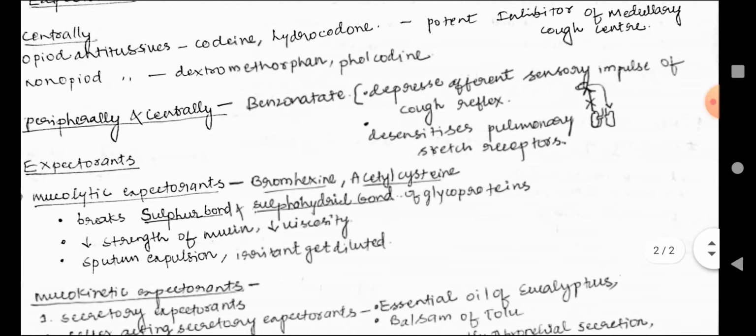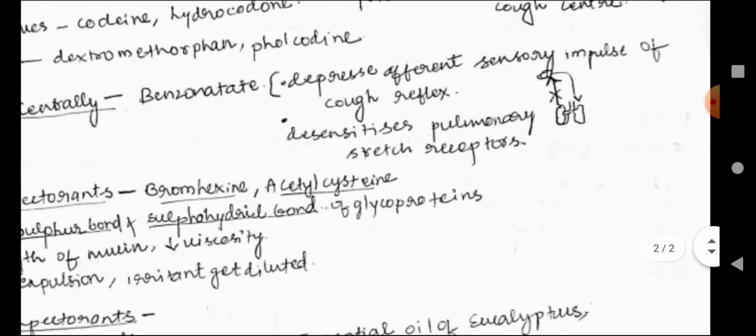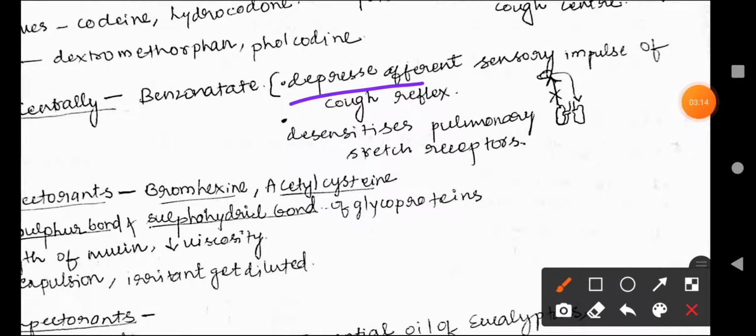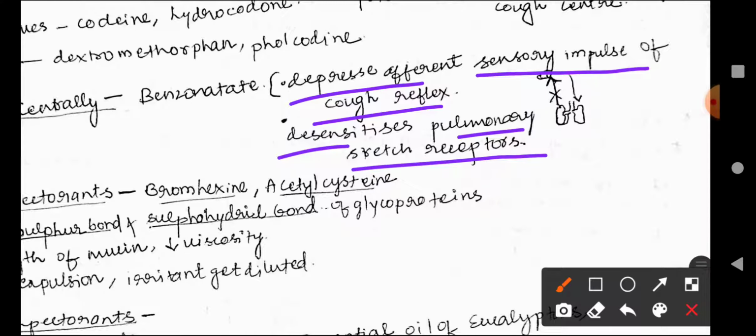The mechanism of action for benzonatate is that it acts by depressing the afferent sensory impulse of the cough reflex. Benzonatate will desensitize the pulmonary stretch receptors, thereby there is no cough, or it will inhibit the afferent sensory impulse to the cough center.